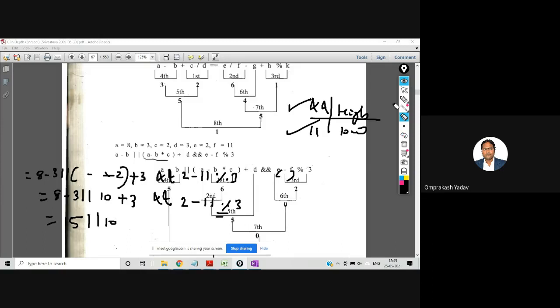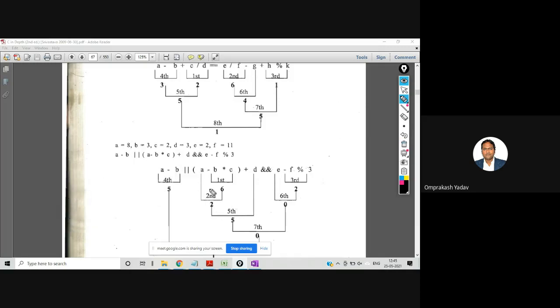What were the values? A is 8, minus B is 3, then OR, and this expression is there, 8 minus 3 into 2.